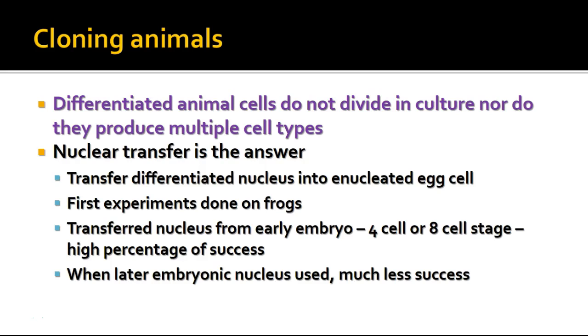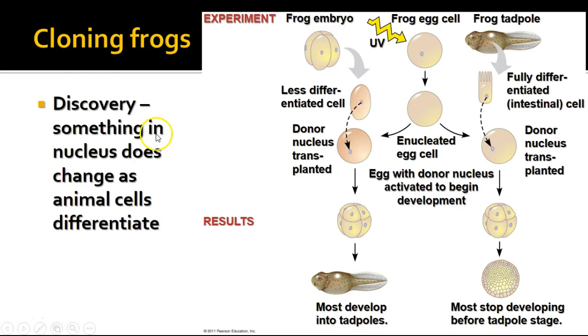The first experiments on this kind of thing were done in frogs back in the 1950s and 60s. They found that if they transferred a nucleus from an early embryo, let's say the 4 or 8 cell stage, you had a very high percentage of success, but the older the embryo was, the later it was in the development process, the less successful it was. Here we have what they found about frogs. Less differentiated cells most often developed into tadpoles.